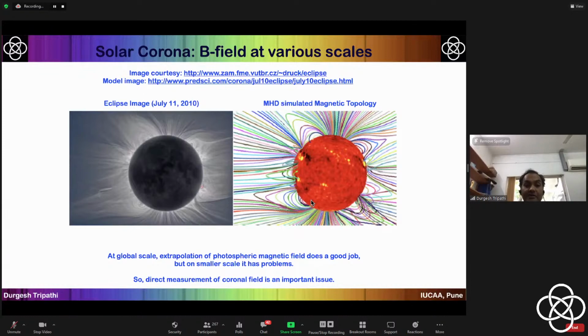What it will do is measure different polarization in iron 13 lines, if you know the Stokes polarimetry, and from there it will invert the direction of the magnetic field. But that will be a start, and further techniques have to be developed to understand and measure the magnetic field in the corona.